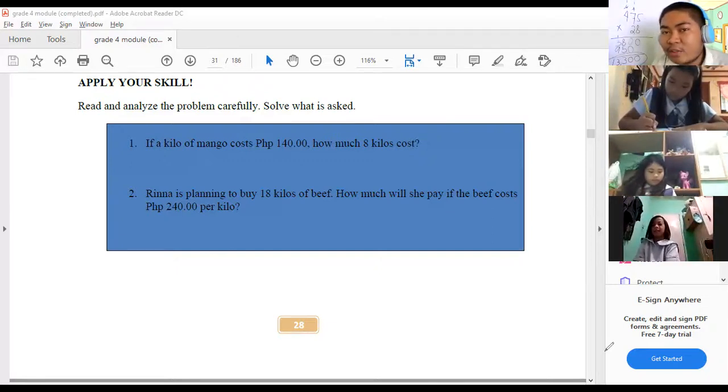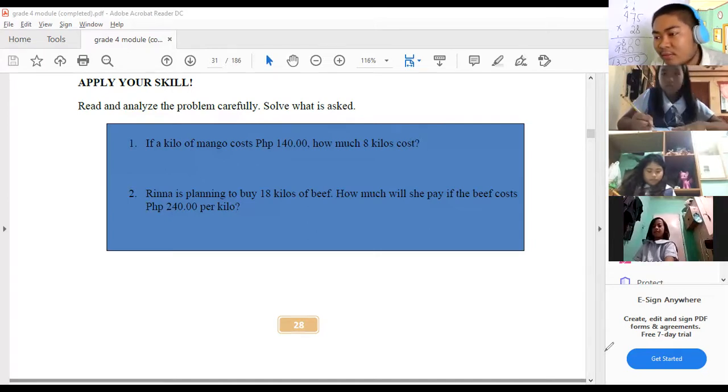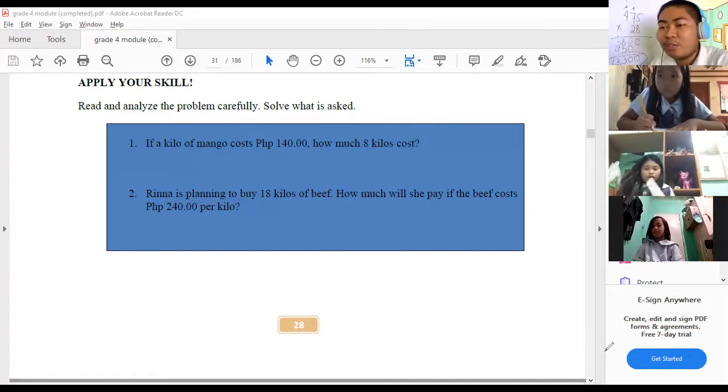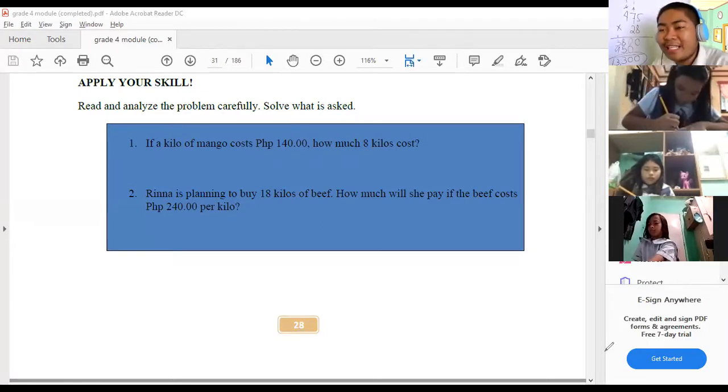So later, let's continue our discussion about solving multi-step routine and non-routine problems together with creating problems involving multiplication with addition and subtraction. So ibig sabihin, dalawa-dalawa na.